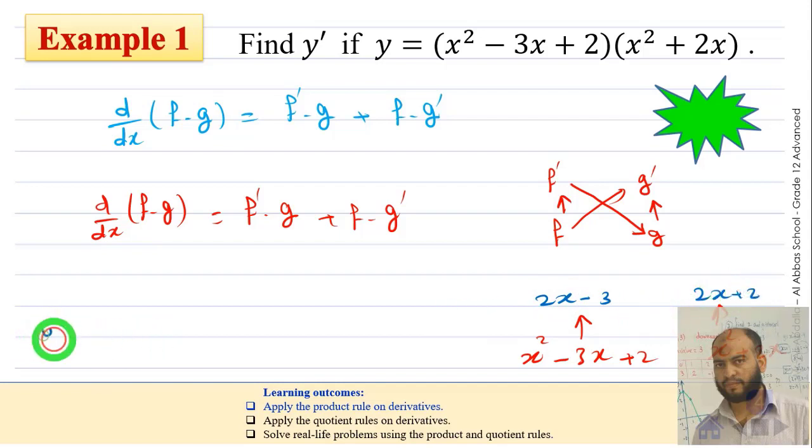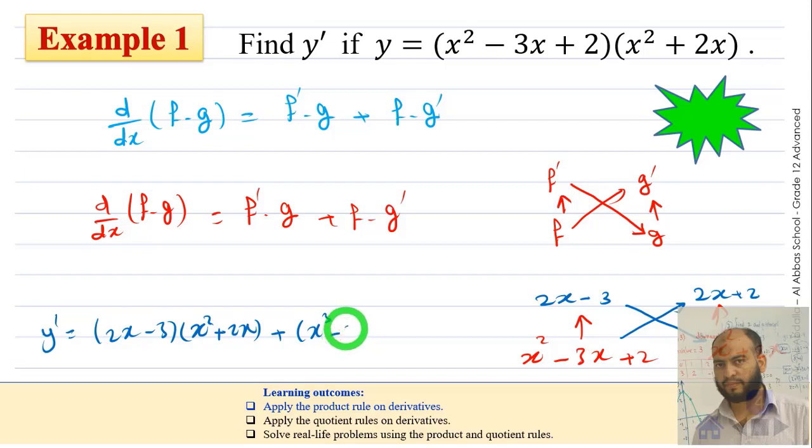Then we can find y prime equal, applying cross multiplication, (2x minus 3) times (x to the power 2 plus 2x) plus (x to the power 2 minus 3x plus 2) times (2x plus 2). Then you can simplify these parentheses and find y prime.